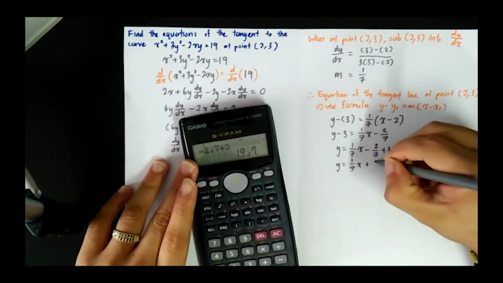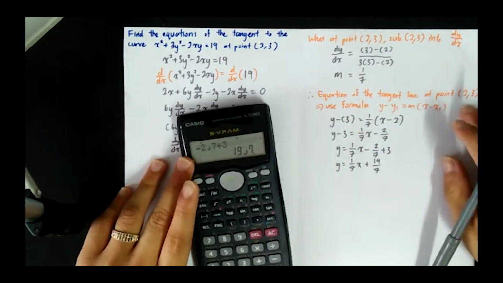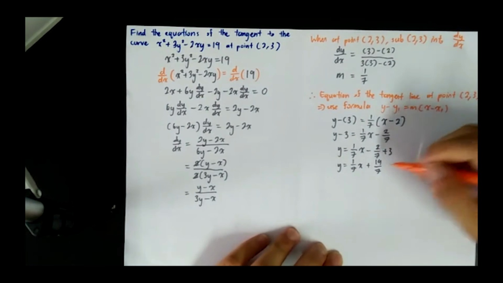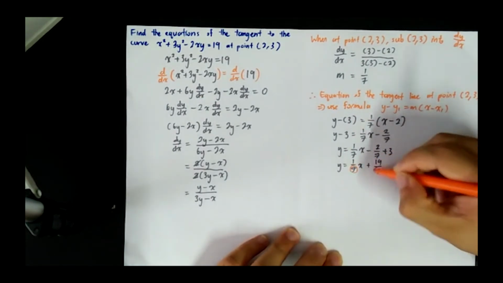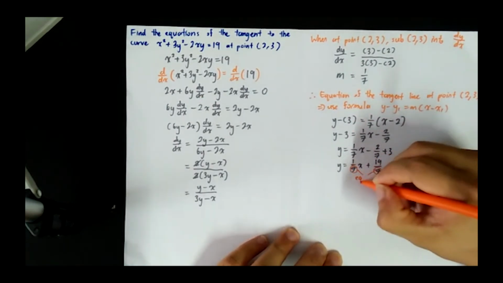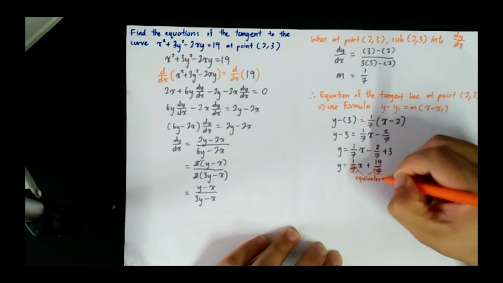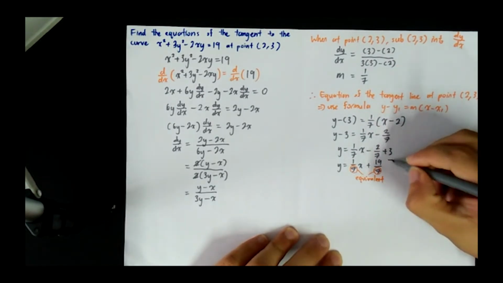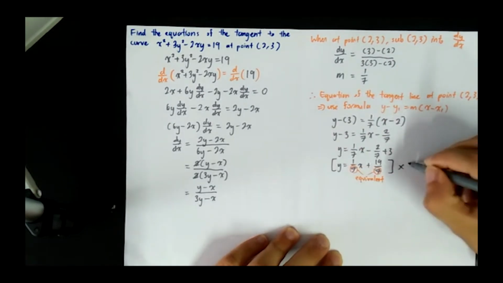After that, this is going to make it equivalent, multiplied by 7.